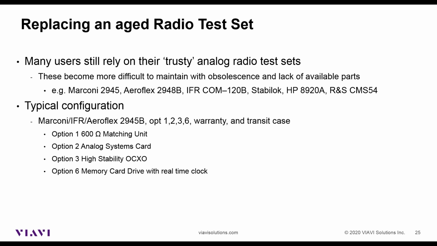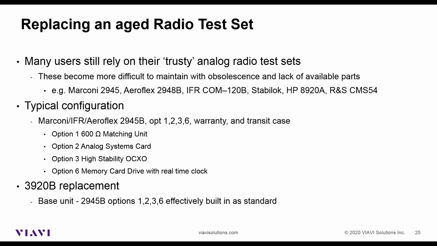May not be in Europe, but they had selected many years ago the 2945B with some options. So 4 options there. And the equivalent on the 3920B is just the base unit, plus the warranty and the transit case. So all of those extras you had to buy on the old analog test set are standard features on the newer test set.